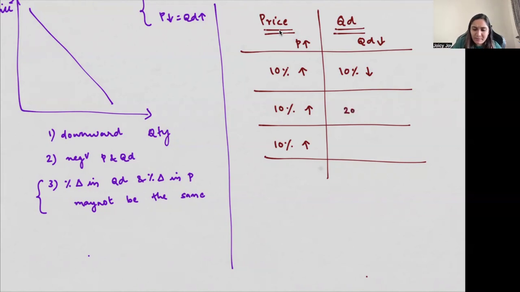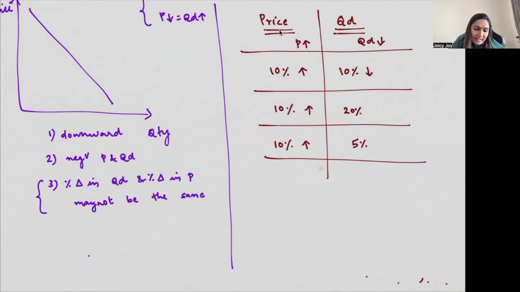Let us take it as 20%. And in the third case, where the price has increased by 10%, we assume that the quantity demanded has changed only less than proportionately, that is less than 10%, which is 5%. So these are the three cases.